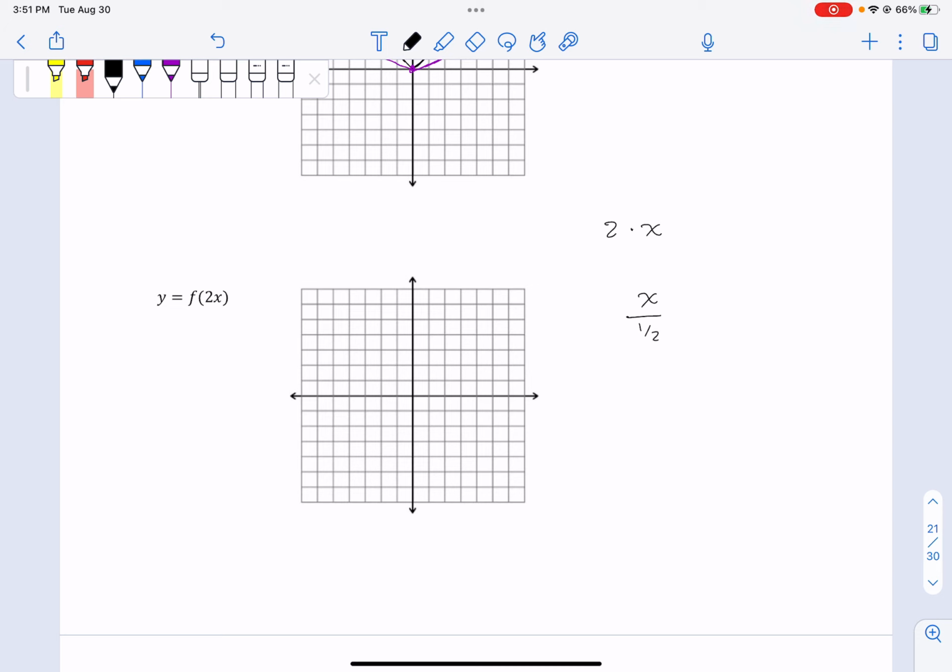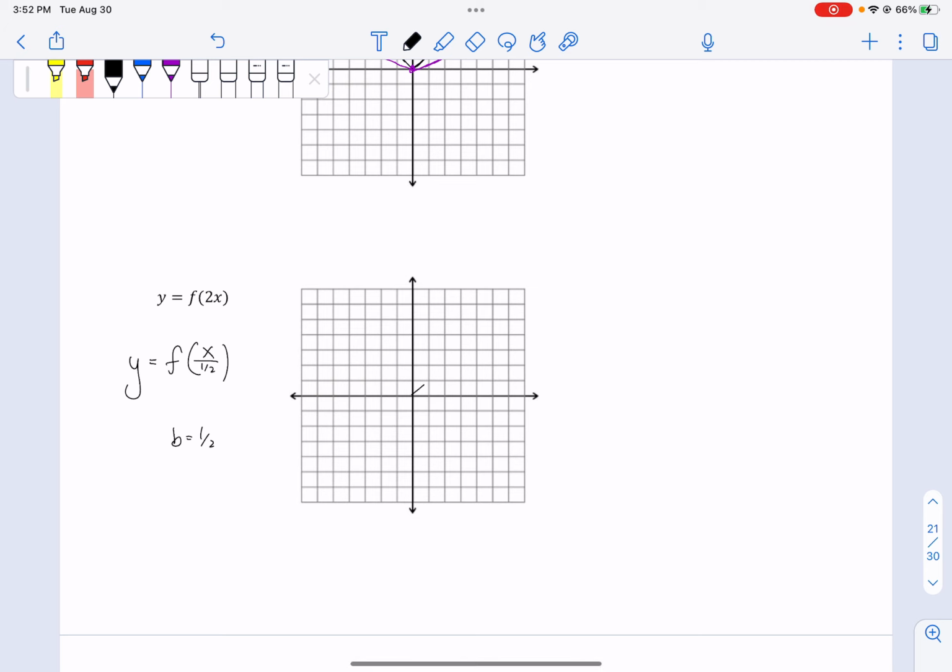So I want to prove to you that x divided by half is the same thing as 2 times x, because that's x divided by half, which is x times 2 over 1, which is 2x. But when we write it like this, it's a lot easier to see what my b value actually is. So this is y is equal to f of x over half. My b is half, which means we know it's a compression. And because it's inside my function, it's a horizontal compression.